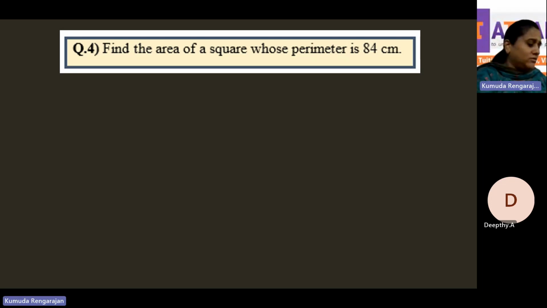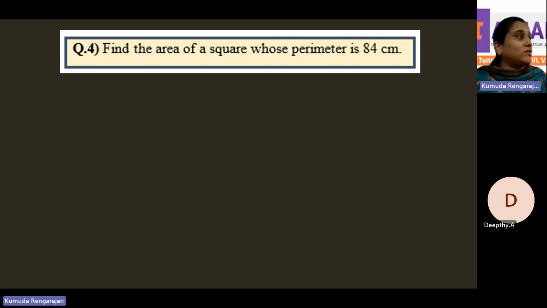How you got 441? 84 by 4, this is correct. Then why 21 into 4? Sorry. 21 into 2 only I did. So you know how to do, but the formula? Yes, ma'am. That only I am confusing. You're not confused, you know it. I'll tell you. Very good.